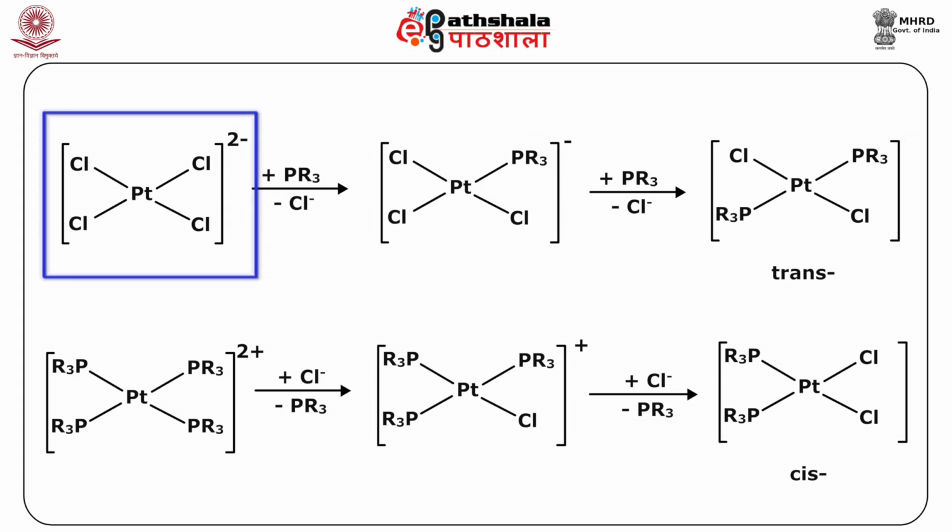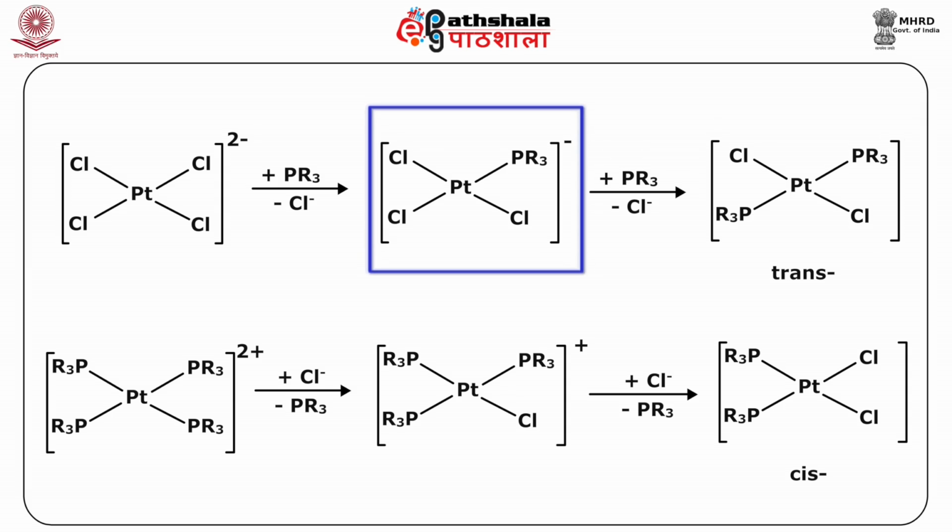And see, if we take the classical tetrachloroplatinate as a precursor and treat it with 1 mole of substituted phosphine PR3, automatically any of the chlorines will be dissociated, as I discussed in 2-3 examples previously, and it will form PtCl3PR3.